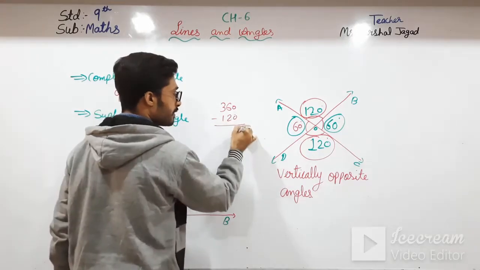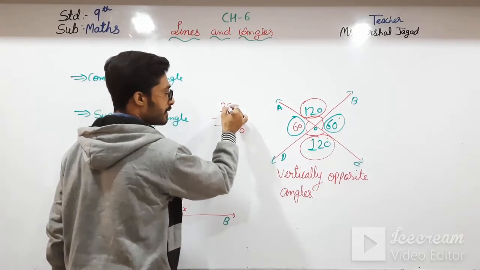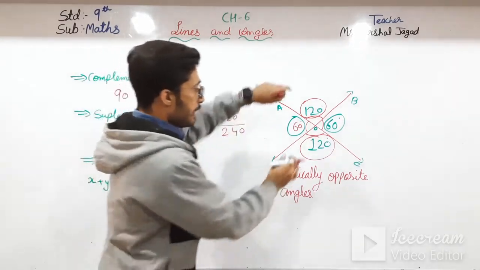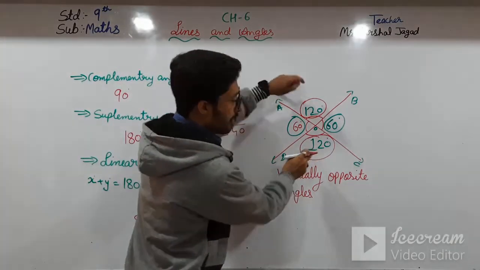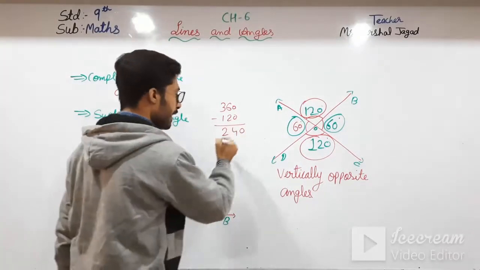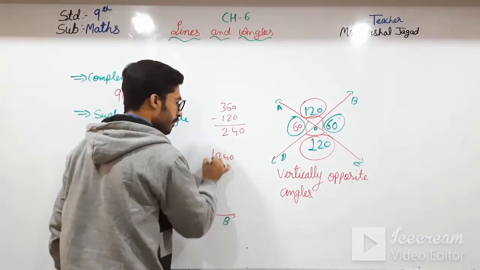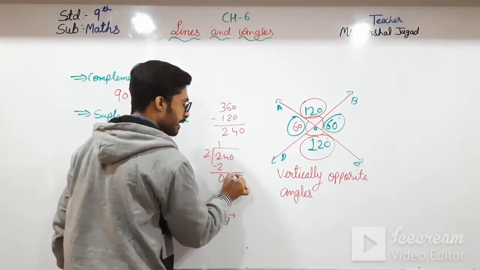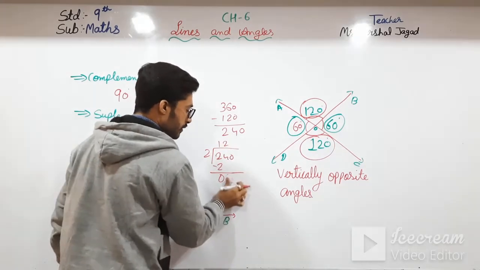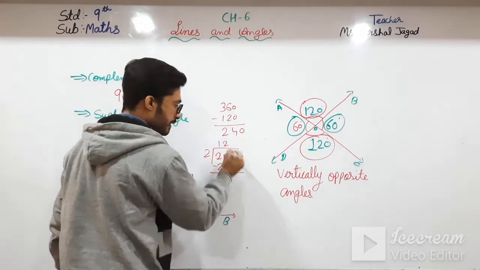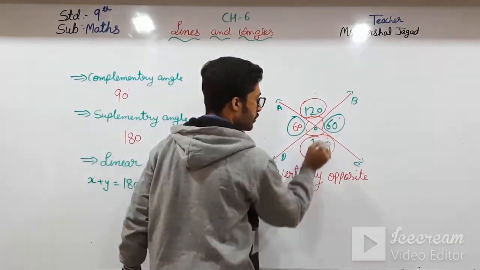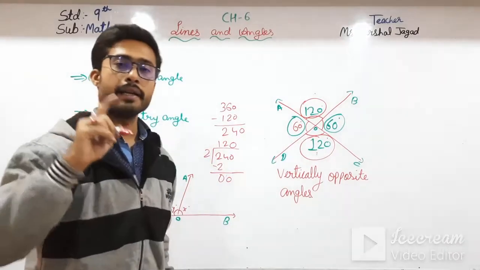So 360 minus 120 gives 240. The total of the other two must be 240. If I divide 240 by 2, you get 120. So both these angles should be 120 degrees.